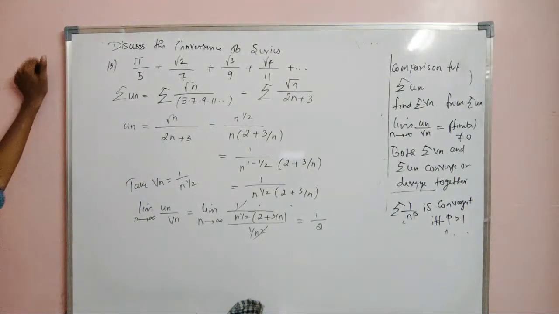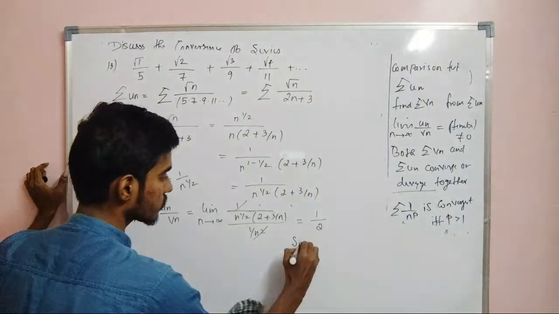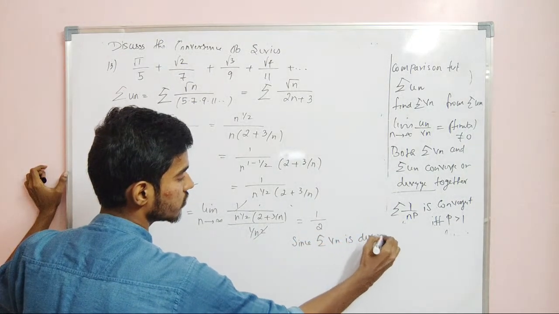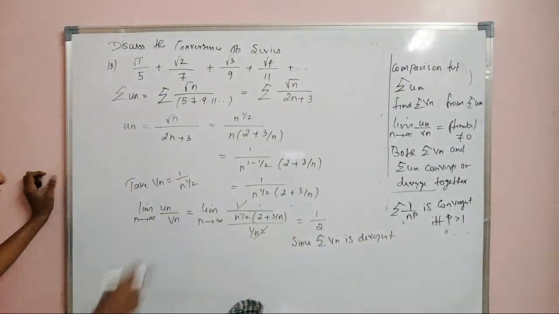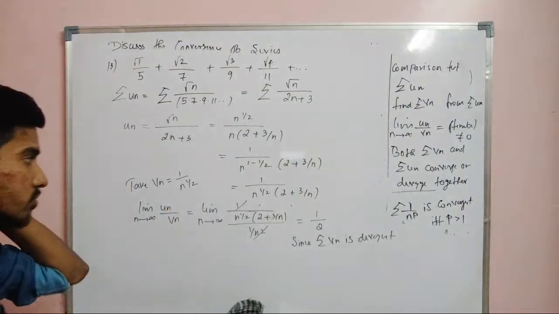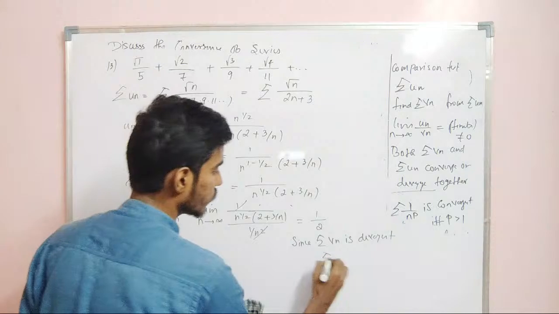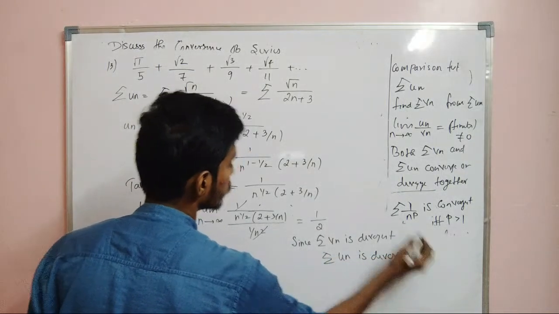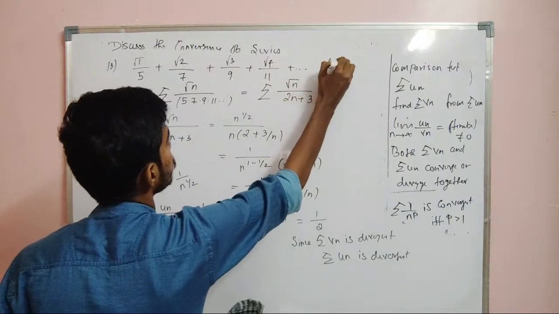So both behave alike. So since summation Vn is divergent, why? Because summation 1 by n power p is convergent if p is strictly greater than 1. So here p is 1 by 2, which is less than 1. So therefore summation un is divergent.